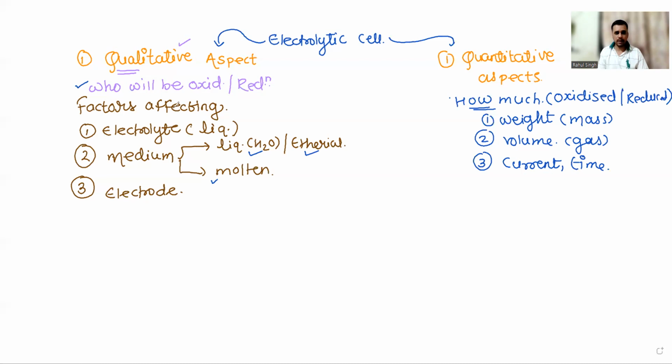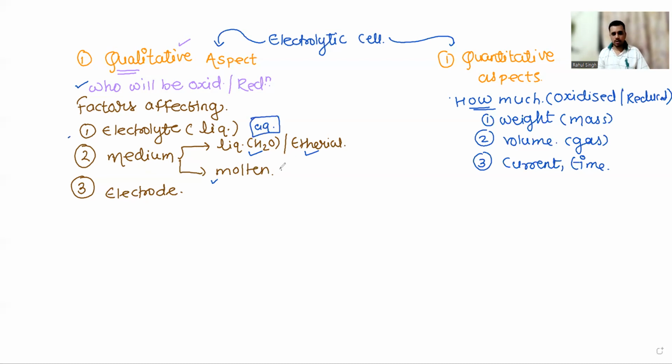There are two types of aspect in an electrolytic cell: the first is qualitative, the second is quantitative. In qualitative we study who will oxidize and reduce, and in quantitative we study how much will oxidize and reduce. In qualitative there are certain factors: the electrolyte in liquid state, and the medium, which is very important if we are using an aqueous one, since it decides who gets oxidized or reduced first.